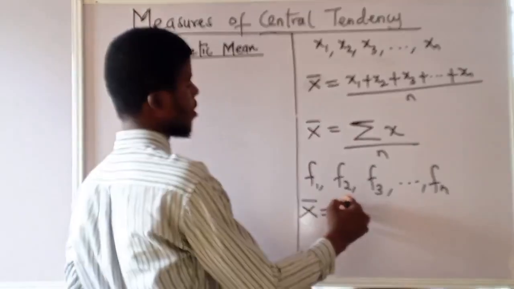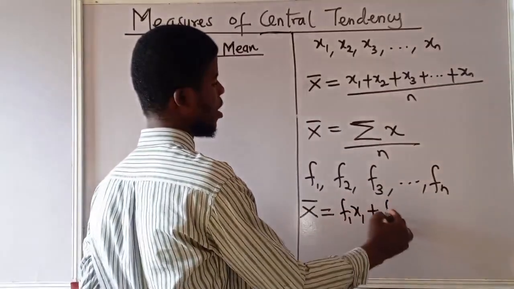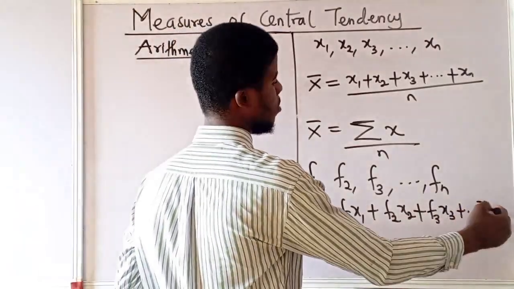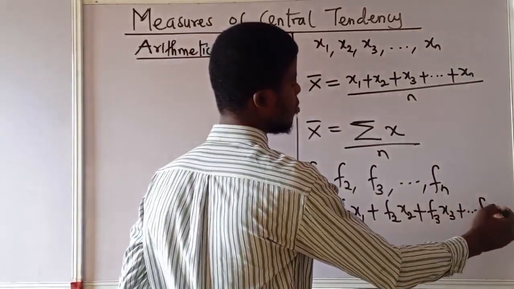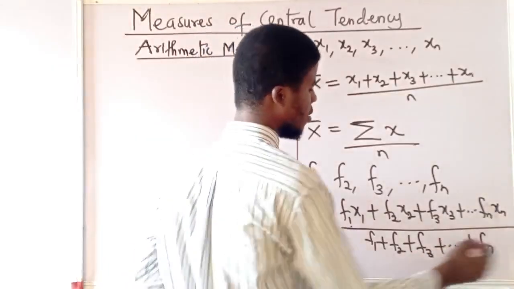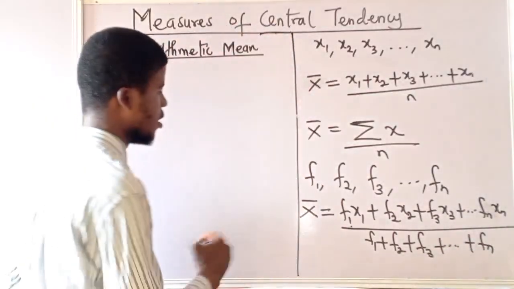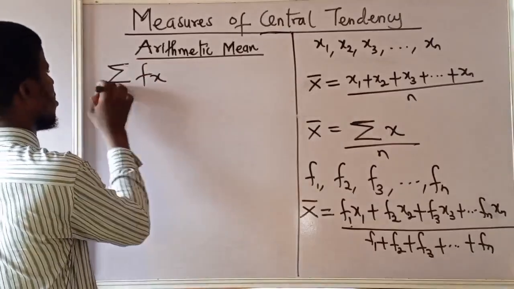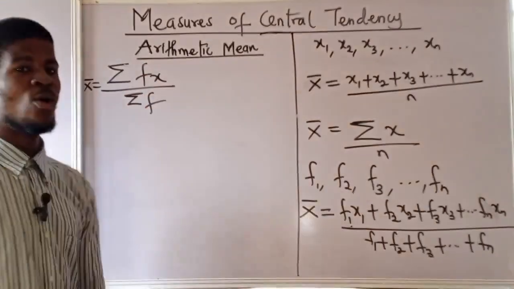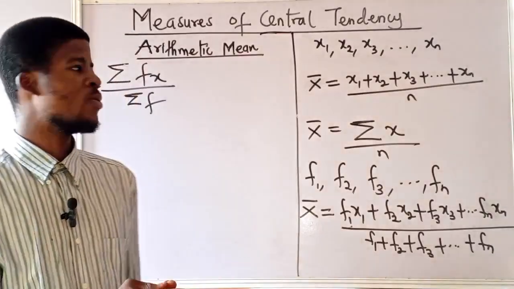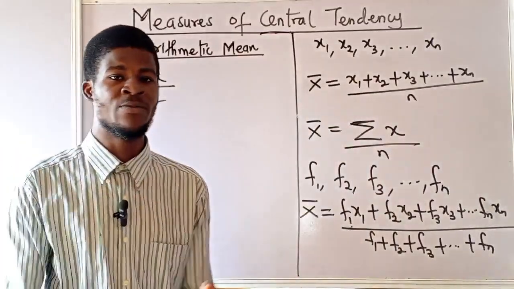It will now be f1 into x1 plus f2 into x2 plus f3 into x3 up till fn into xn, divided by f1 plus f2 plus f3 plus fn. And for short, we can say this is summation fx all over summation f. So this formula will work to determine the arithmetic mean for a data or for a distribution where we have numbers and their respective frequencies.